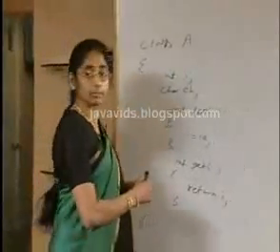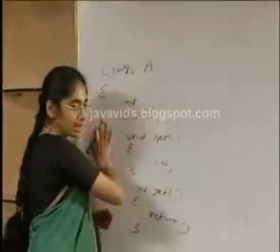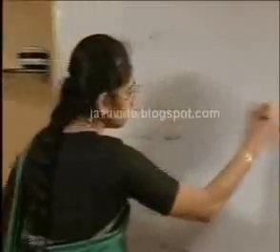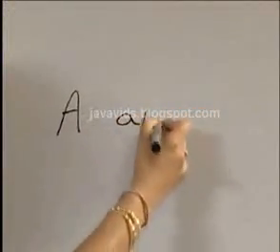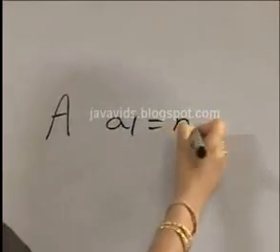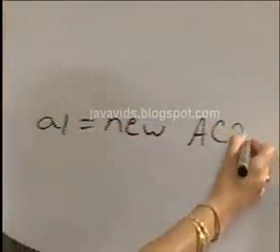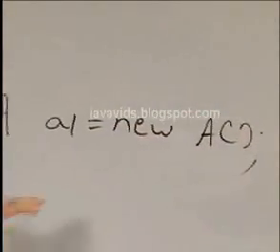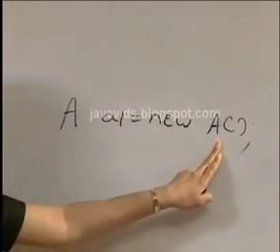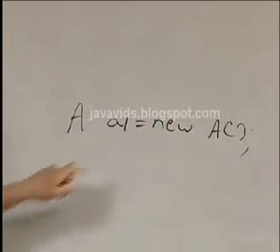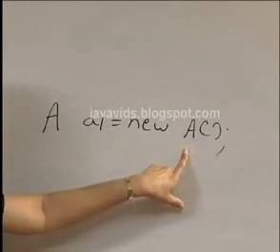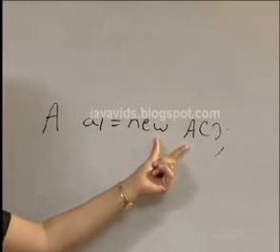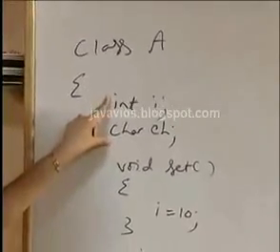In order to access the members of a class, you need to define a variable for this class. So take the class name, followed by the variable name for the class, and create an instance of the class by using the new keyword, new class name. Now you have created an instance. This is called creating an instance of a class or instantiating a class. When you create an instance of a class, memory is allocated for the variables that are defined in the class.